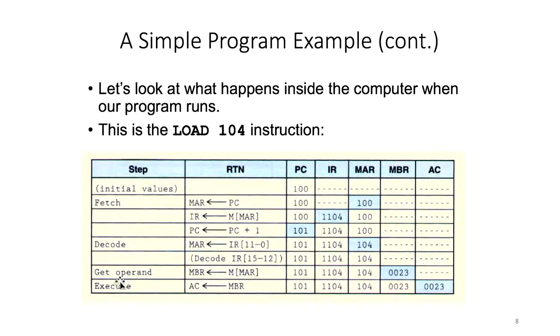The last step is execute. This is a load instruction, so the content of the memory buffer register is copied to the AC. So these are all the steps in the load 104 instruction.